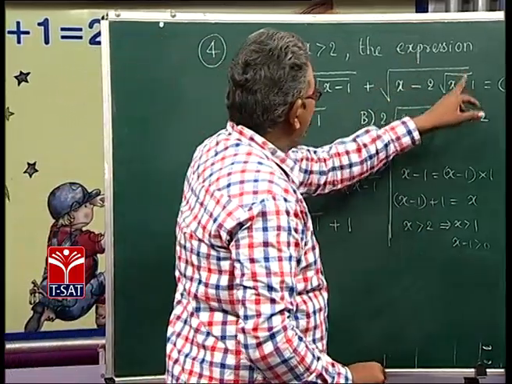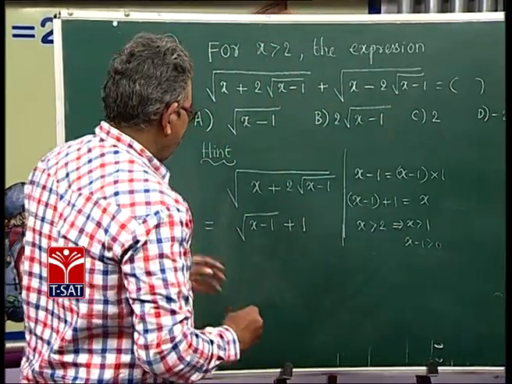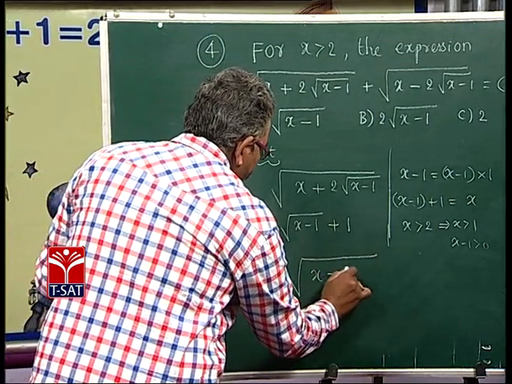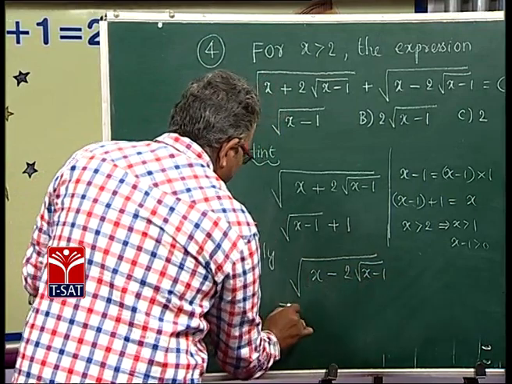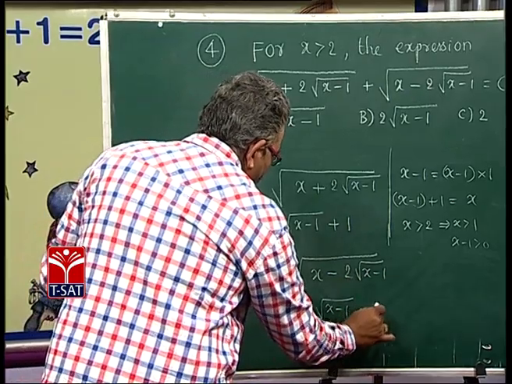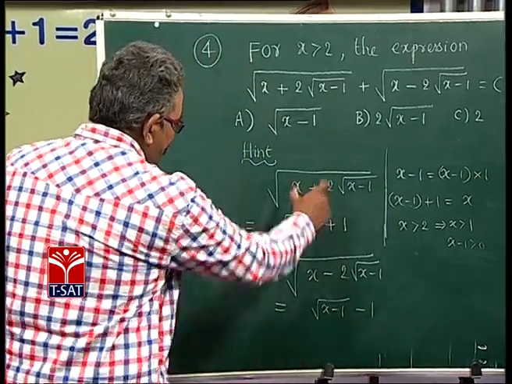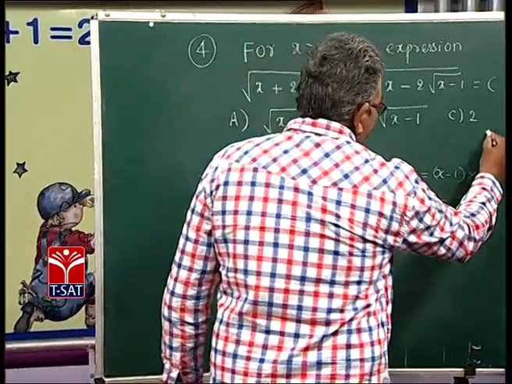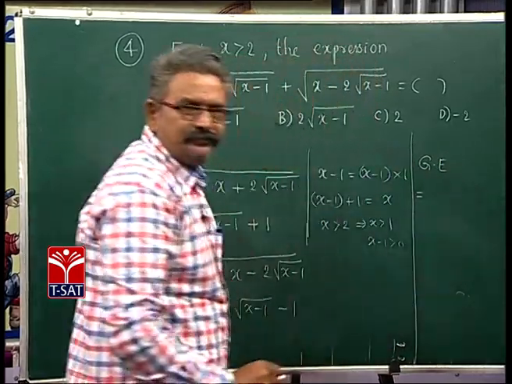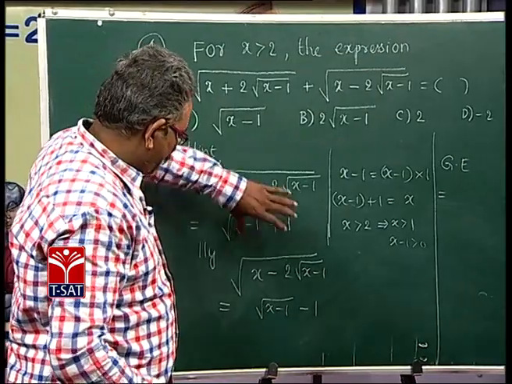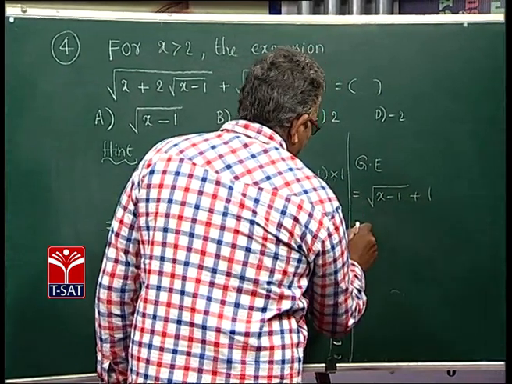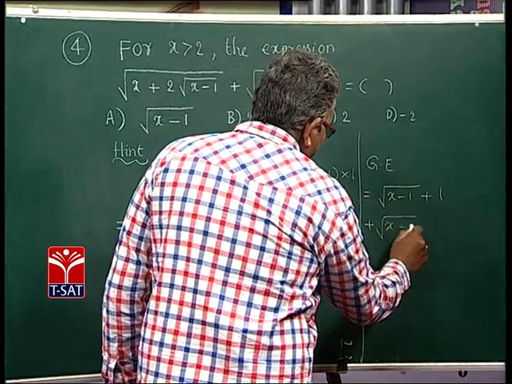Now, what is the square root of this one? Let us write it. Similarly, square root of x minus 2 root of x minus 1 is equal to its conjugate, root of x minus 1 minus 1. Now, given expression, these two we have to add, that is all. Given expression equals this value plus this value, root of x minus 1 plus 1 plus root of x minus 1 minus 1.